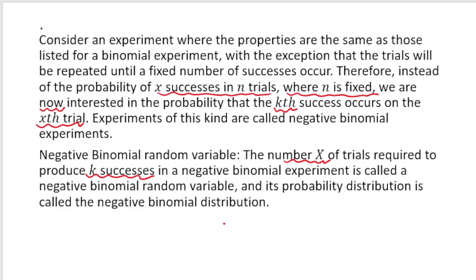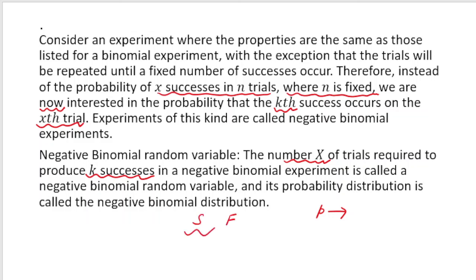So just to highlight a few important points, in case of binomial distribution I have told you that every trial results in two outcomes, either a success or a failure.